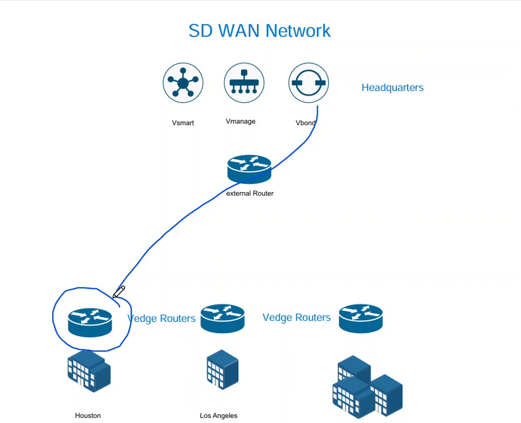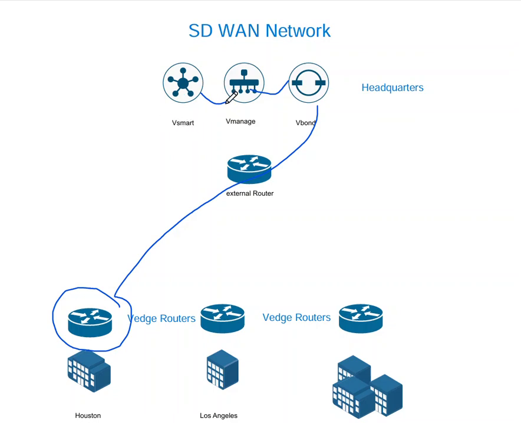Then that router will participate in this network topology. So through the vBond, that router in Houston will be able to talk later on to vManage and to vSmart. But let's see what the second controller does, the vManage.